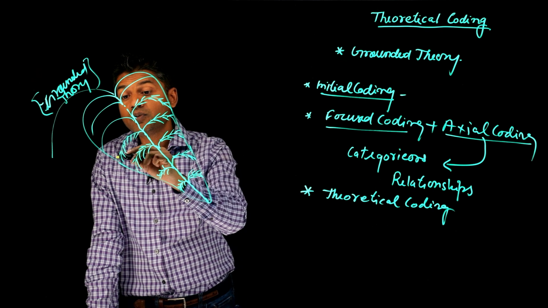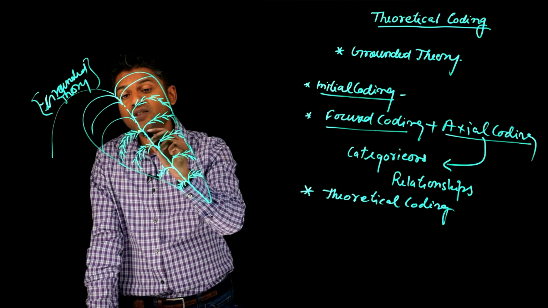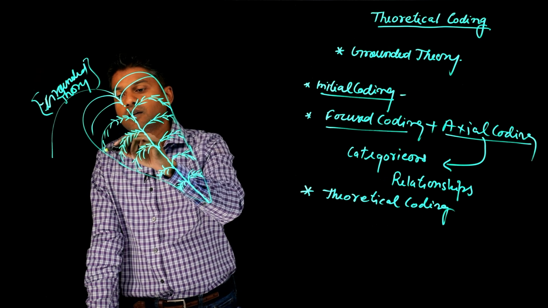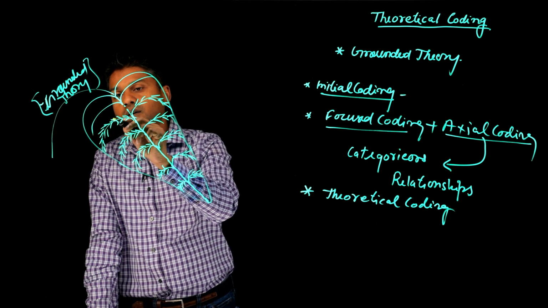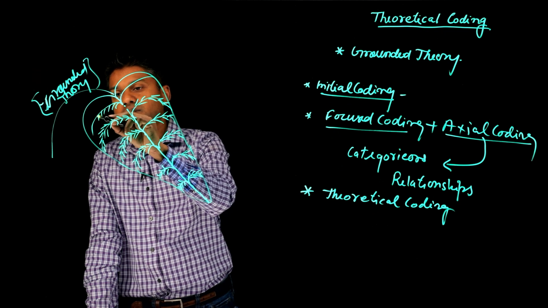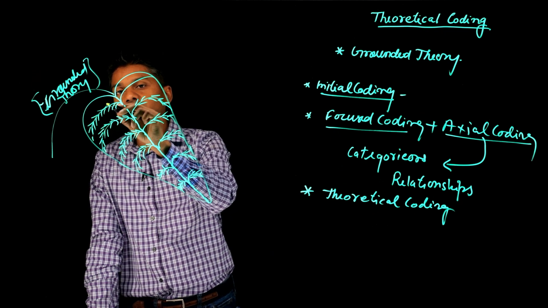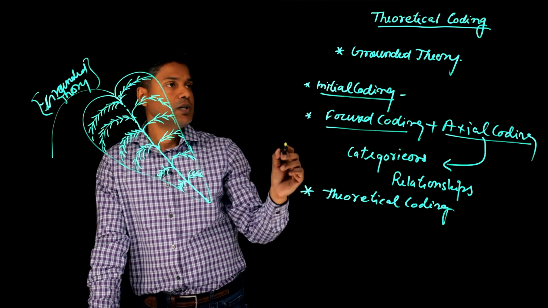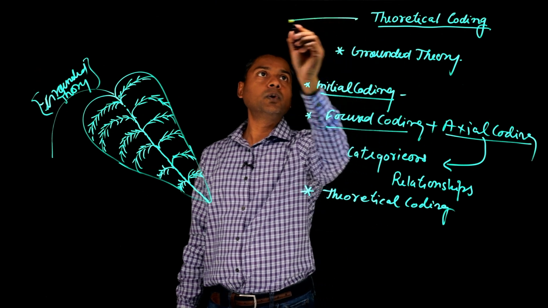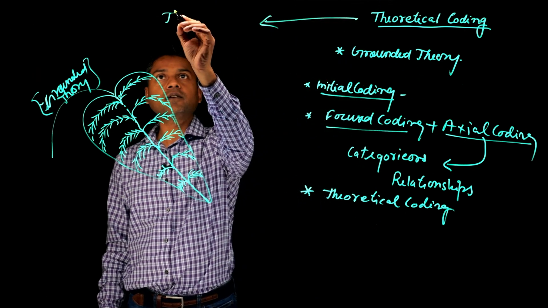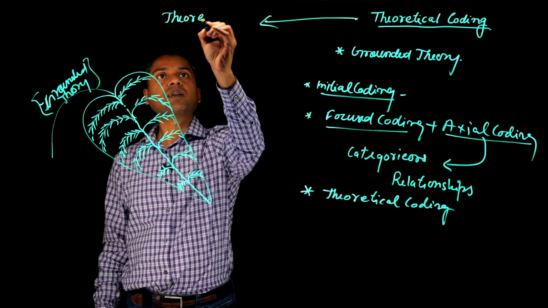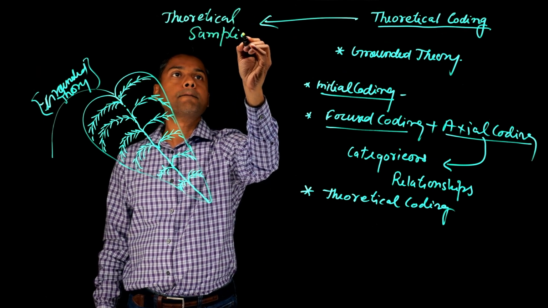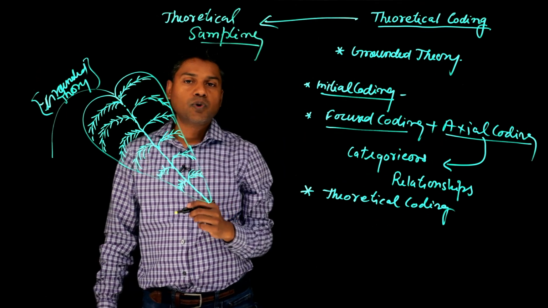So what I do, because I need more data, and those data should be something like recruiting participants that help me develop these categories even further. Similar to theoretical coding, I start with theoretical sampling. What is theoretical sampling?